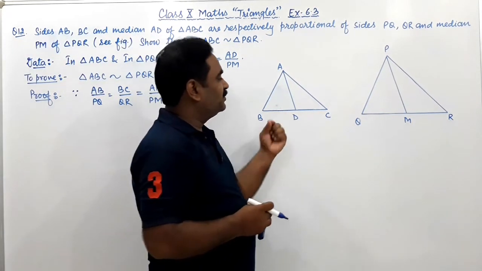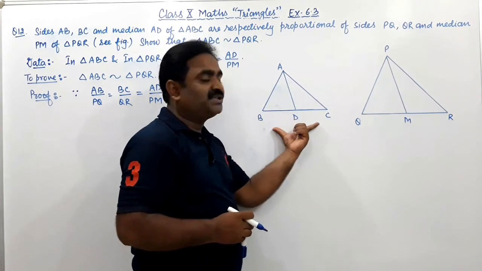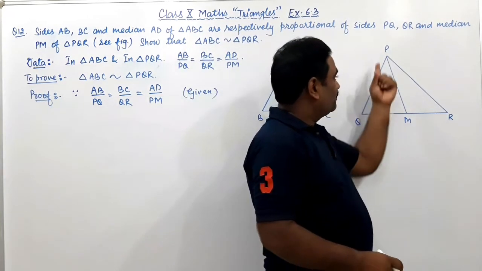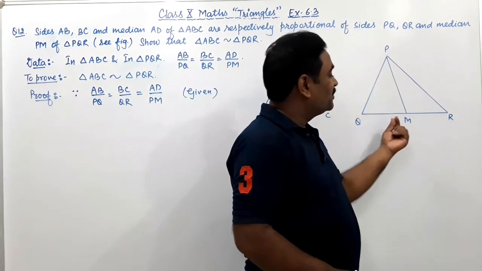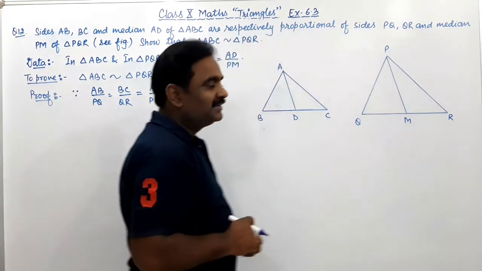This BC and QR, you know that AD is the median. It means D is the midpoint of BC. Similarly, in triangle PQR, PM is the median. It means this point M is the midpoint of QR, right? Okay.